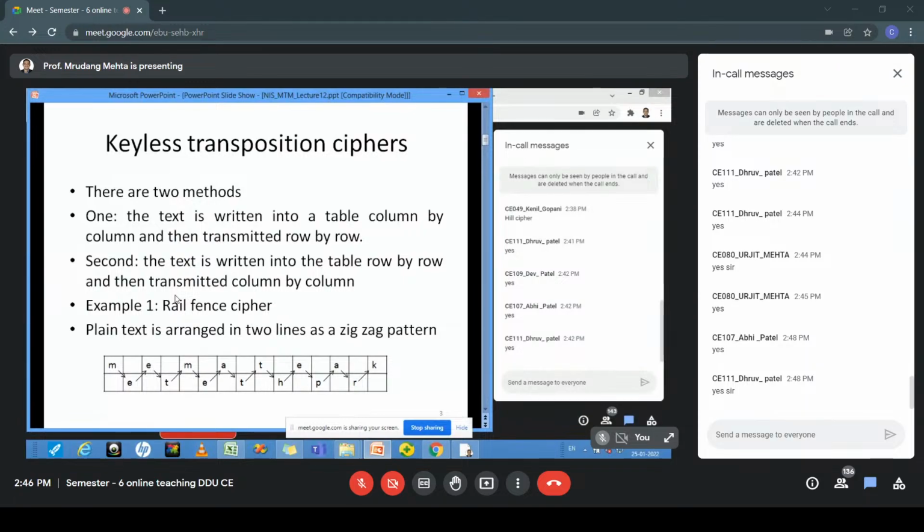What is the length of the plain text in this particular text? Please write down the length. You may ignore white spaces. Then what is the length of the text?